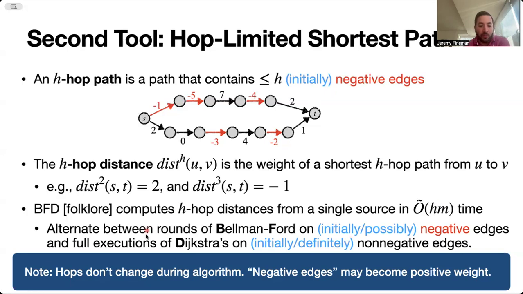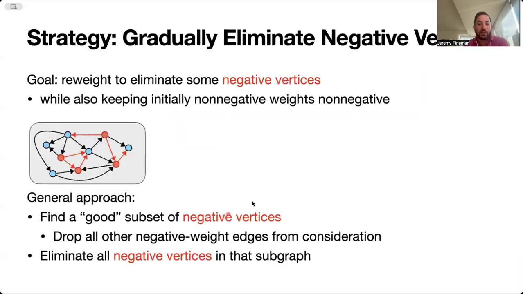And the reason I want to do that is I want the number of hops along a path to remain consistent throughout the execution. So when we reason about h-hop distances or h-hop paths, those paths are invariant throughout the entire execution. Okay, so just want to note that in case you miss it as you're reading through the paper.